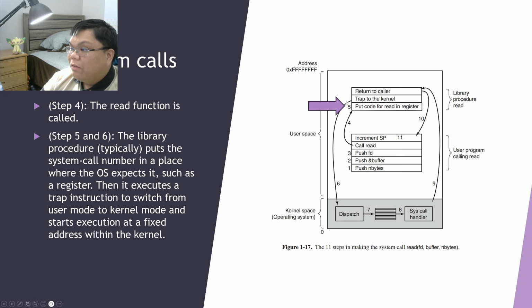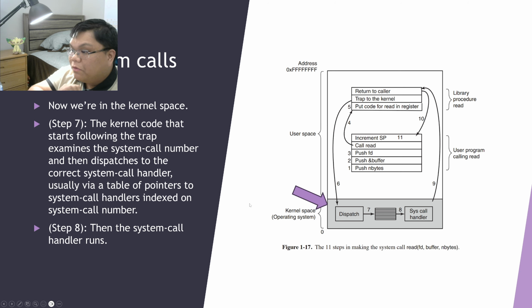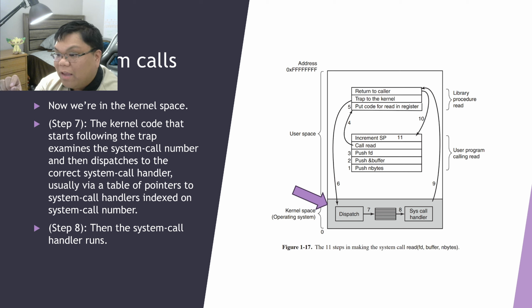When we trap into the kernel, we go from the user space to the kernel space. So we're now going to dispatch the kernel code that starts following the trap, examines the system call number, and then dispatches the correct system call handler. This is a table of pointers to the system call handlers, indexed by system call numbers.